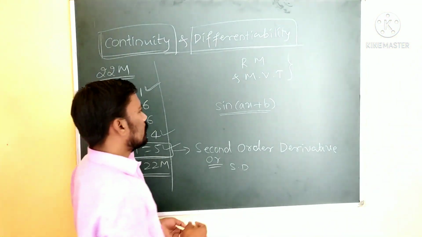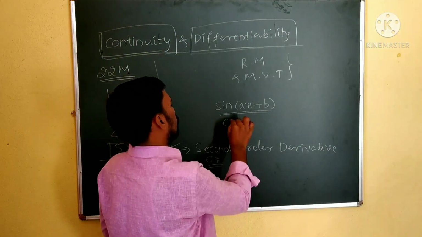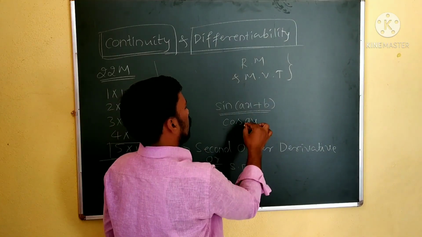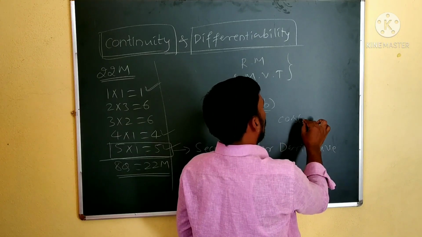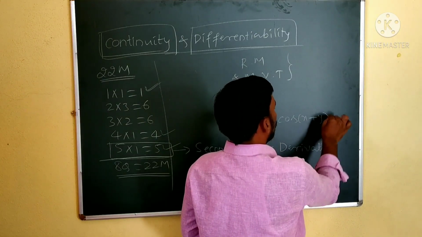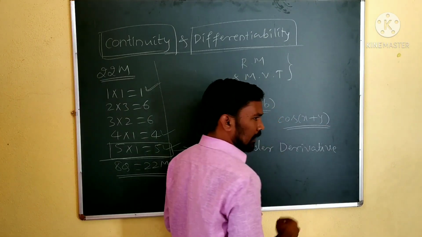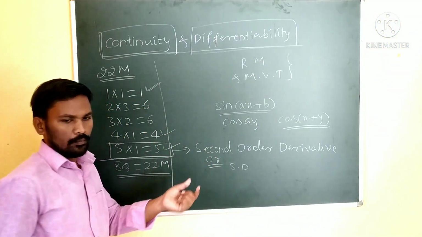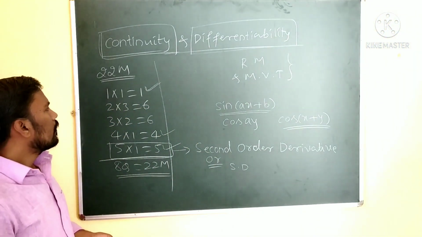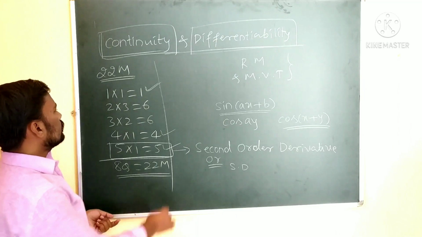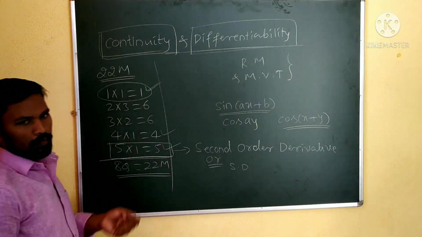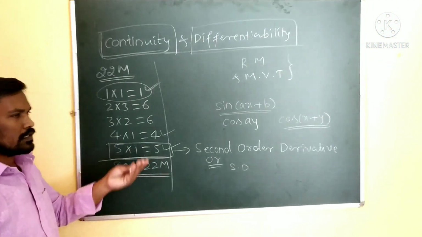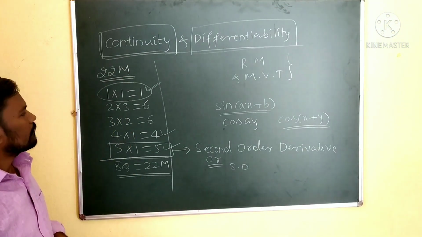Or differentiate cos of ay, or differentiate cos of x plus y with respect to x. They will give a simple composite function. The 1 mark question will be asked from composite functions. That is the first concept in differentiation.